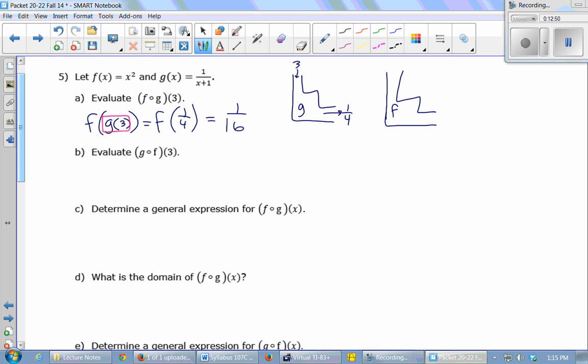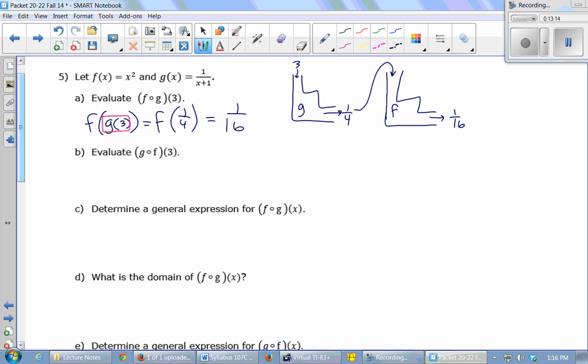Then you take the output from G and drop it into F. Turn the crank, and F changes that 1/4 into a 1/16. So this is the composition of two functions. Consider each function a machine, and you run them in succession.